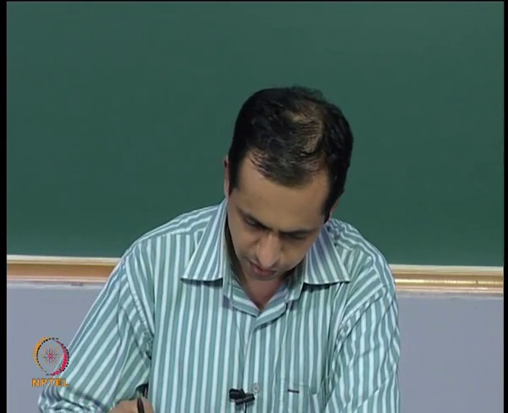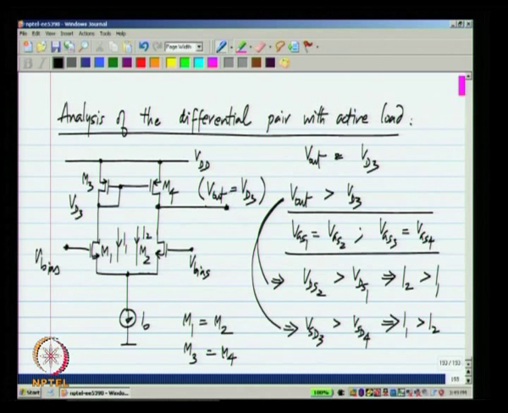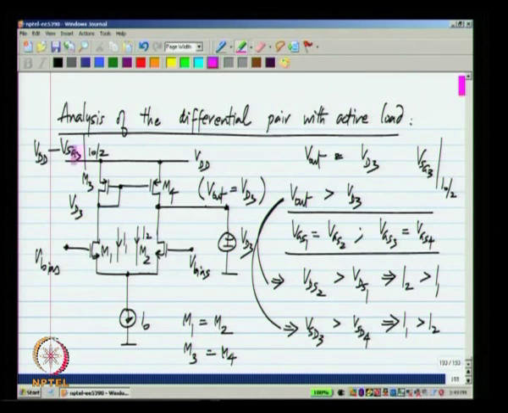Now, what this means is that, let us say I connect a voltage source here, which is equal to Vd3. What is Vd3? Vd3 is VDD minus VSG3 at a current of I0 by 2. I will use this notation: it means the VSG of transistor M3 at a current of I0 by 2. I do not want to keep on writing VT plus square root of I by mu Cox and so on every time.